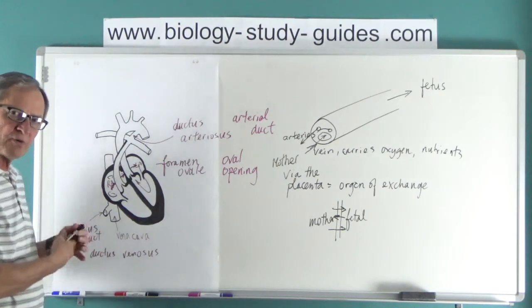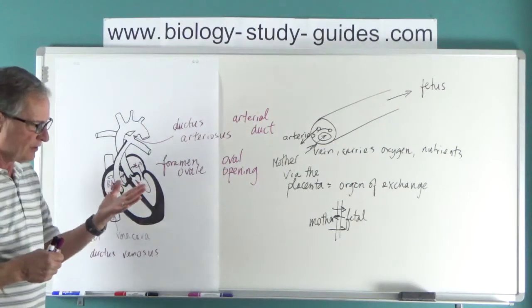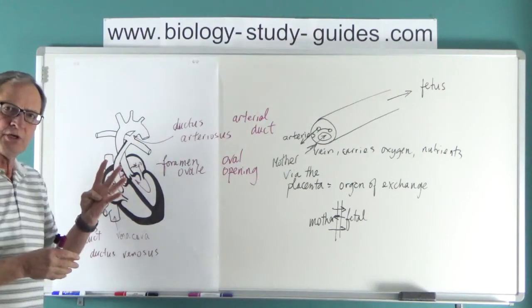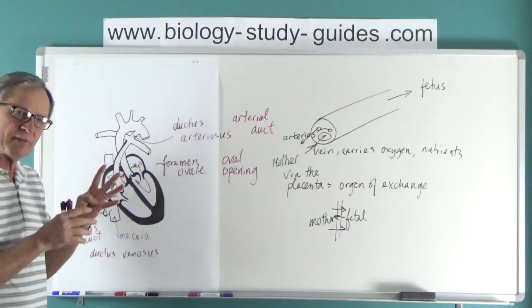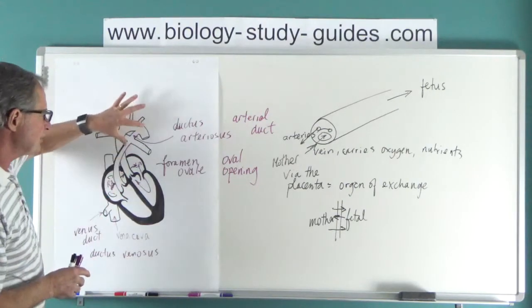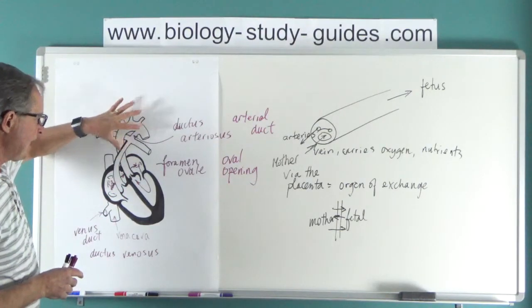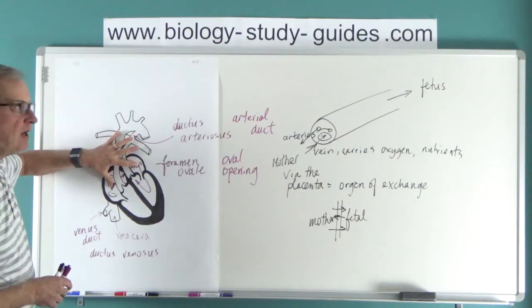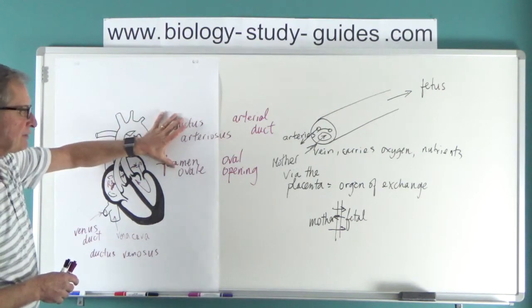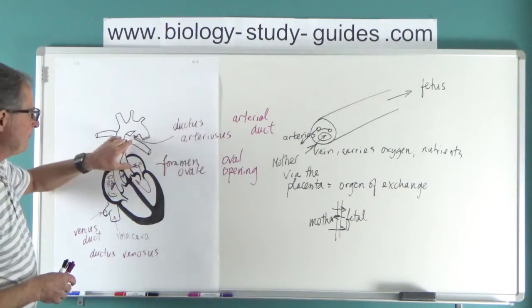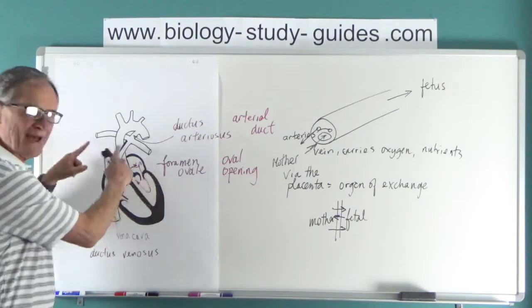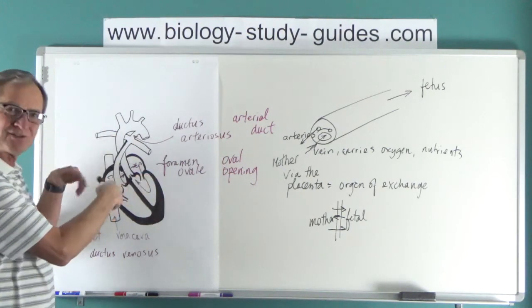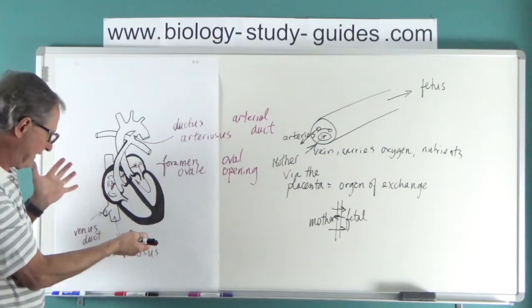So just in summary now, there are really 4 things which make this system different from the adult system. There's the ductus arteriosus and the foramen ovale. Both of these 2 things allow the blood to bypass the lungs because the lungs aren't functional anyway.